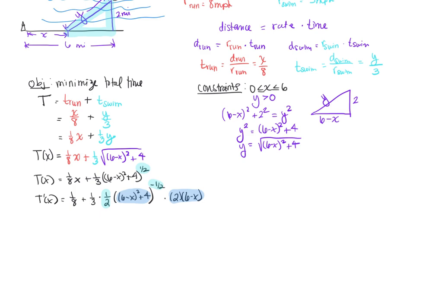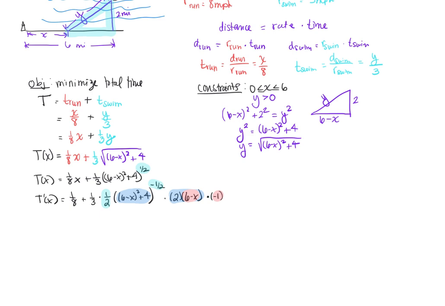So we have one more derivative in here, which is the derivative of 6 minus x, which is just negative 1. So that's a lot of chain rule all in one place. So just remember, if you're taking the derivative of an expression, you always have to multiply by the derivative of what is inside the expression. Okay, and we did that twice here.